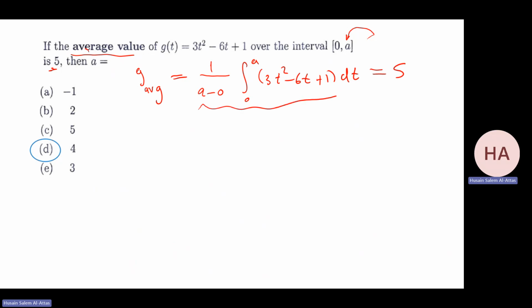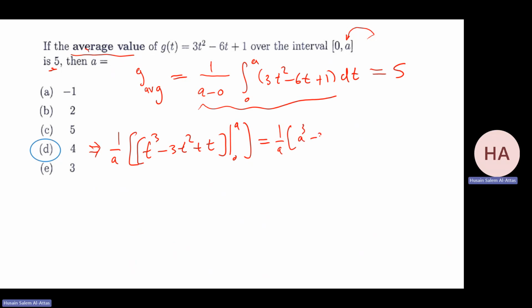It will be 1 over A, integral t cubed minus 3t squared plus t from 0 to A, which equals 1 over A times A cubed minus 3A squared plus A. All of this should be equal to 5. Now we'll take A as a common factor. I have A squared minus 3A plus 1 is equal to 5. A cancelled with A.